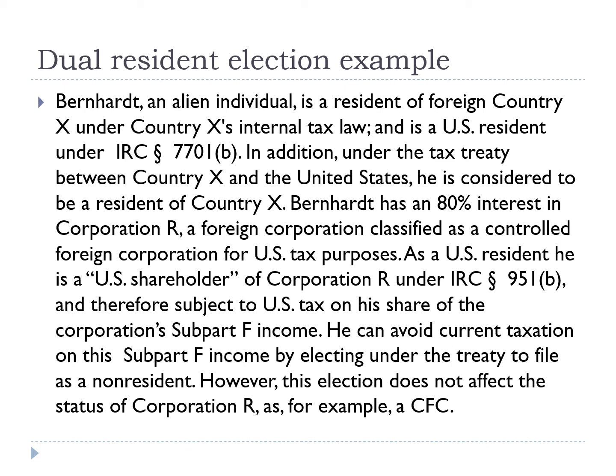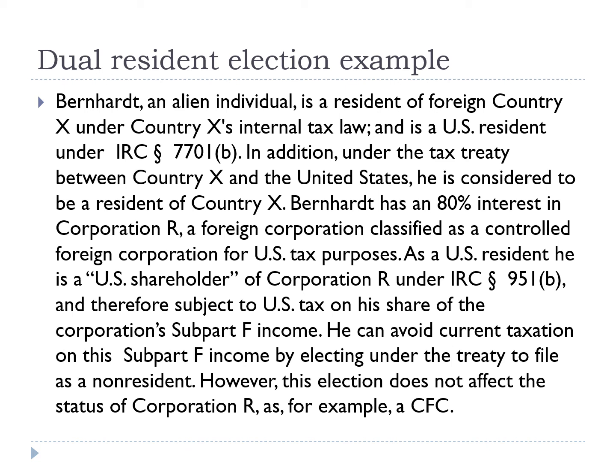Bernhard has an 80% interest in Corporation R, a foreign corporation classified as a controlled foreign corporation for U.S. tax purposes. As a U.S. resident, he is a U.S. shareholder of Corporation R under Section 951B, and therefore subject to tax on his share of the corporation's Subpart F income.